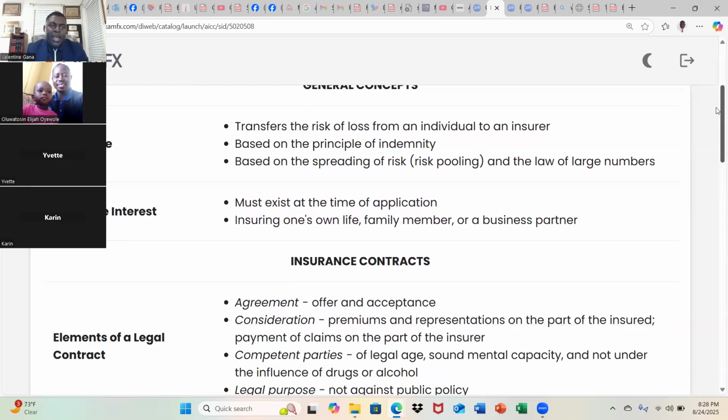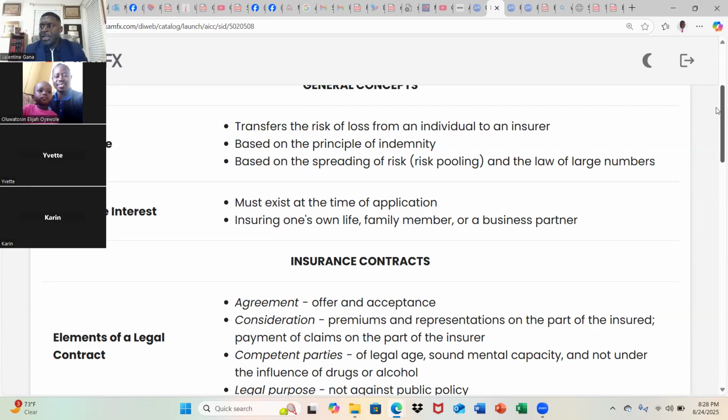So remember, insurable risk exists between the owner of a policy and the insured. And usually the owner is also the payer. Doesn't necessarily need to be, but usually the owner is the payer.